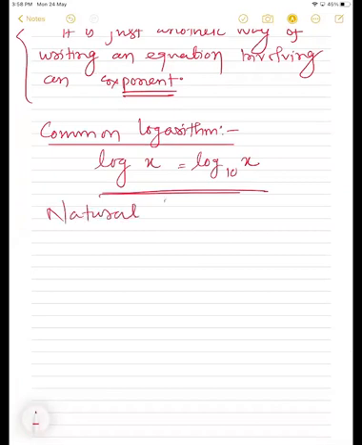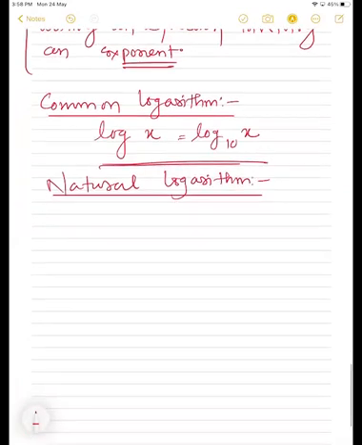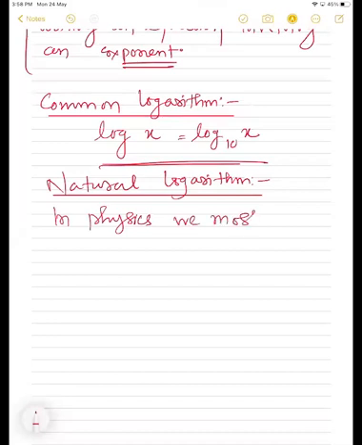Natural logarithm. Natural logarithm means what, students? Students, in physics, we mostly use exponents with base e, correct?